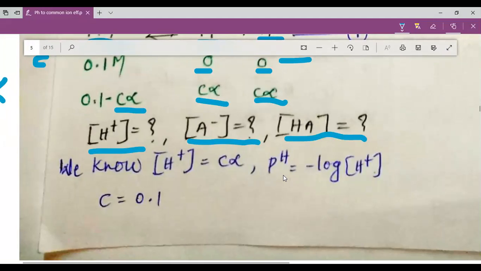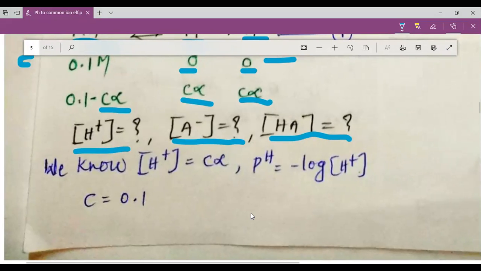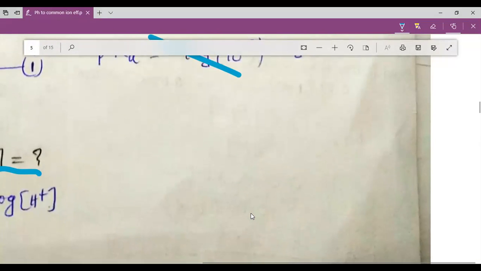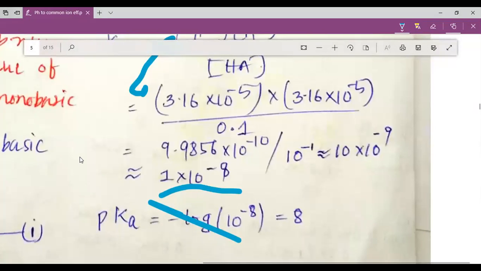We have done it. Apart from that, we have found out the value of Ka as well as the value of pKa. So you can see that this is the value of Ka, and this is the value of pKa that we have found out.